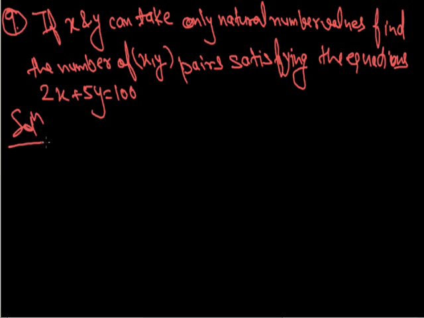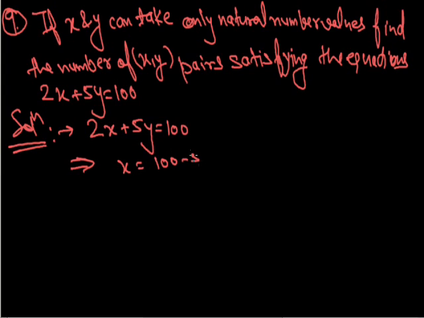Let us try to solve the given question. 2x plus 5y is equal to 100. So x is equal to (100 minus 5y) whole upon 2.